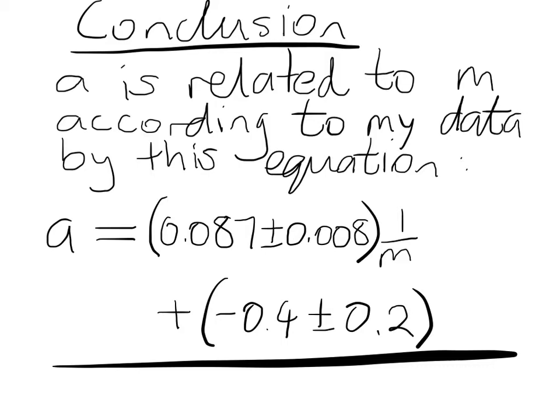Usually you'll be comparing some constant somewhere, and that way you can work out how valid your data is, and talk about errors and what may have affected your data to produce the results that you did. So that's the next step.